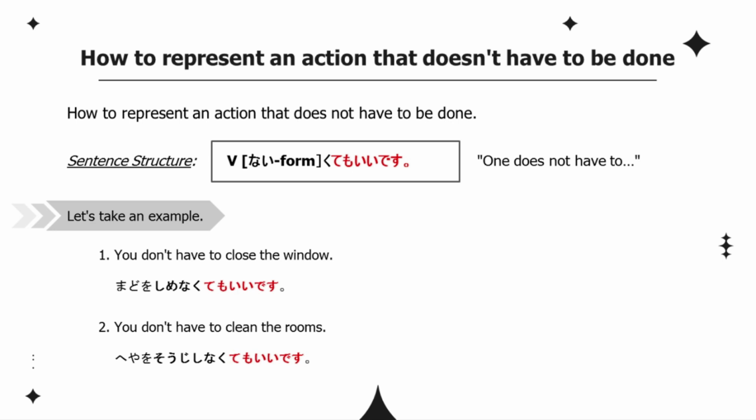This represents an action that does not have to be done. In English, it means one does not have to.